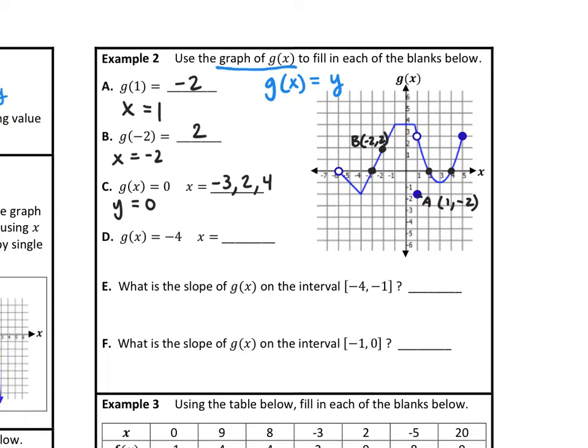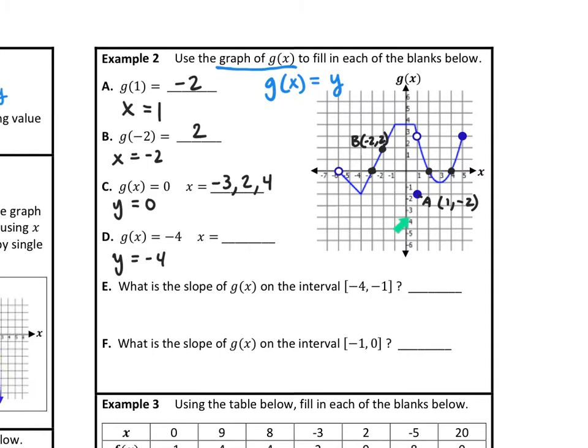Okay, next example. Here we're saying that our y value is -4. We're saying y is equal to -4. So I'm going to scan my y-axis and look for -4. It's 1, 2, 3, 4 right here. And I'm going to scan for x's.